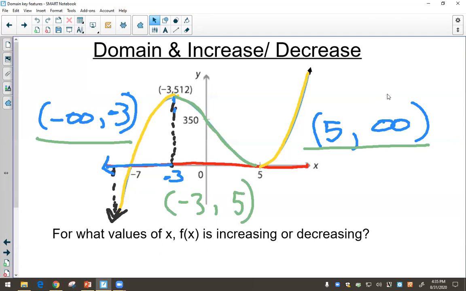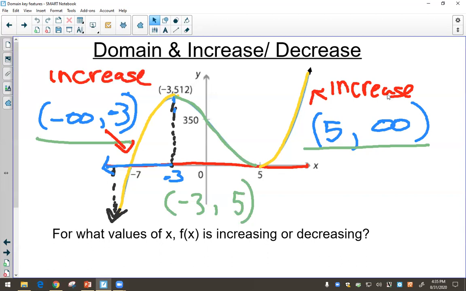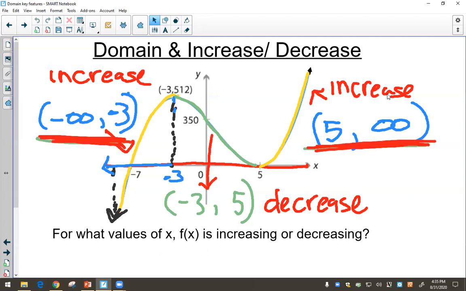So this is increase represented by this piece, and this one is also increase, and then this in the middle, that is decrease. Now in the future, I will show you how to combine the increase information. So that is done.